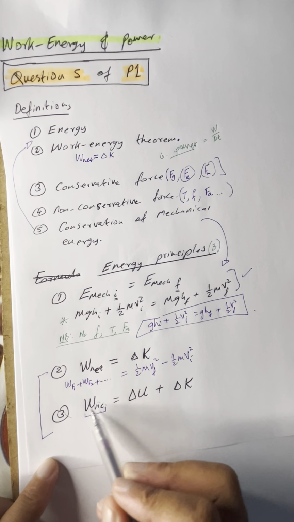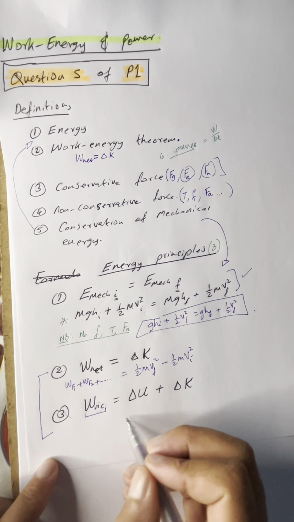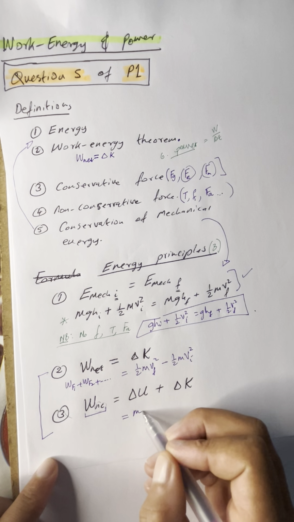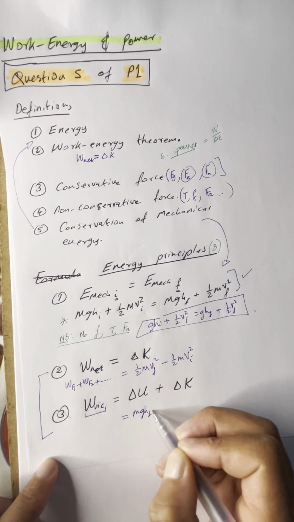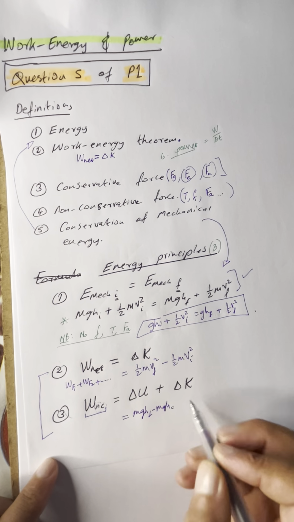So just remember, this is work done by non-conservative force equals the change in potential energy. So this is m g h final minus m g h initial. If the surface is flat, this part goes away because the height will be the same and the two values subtract each other.